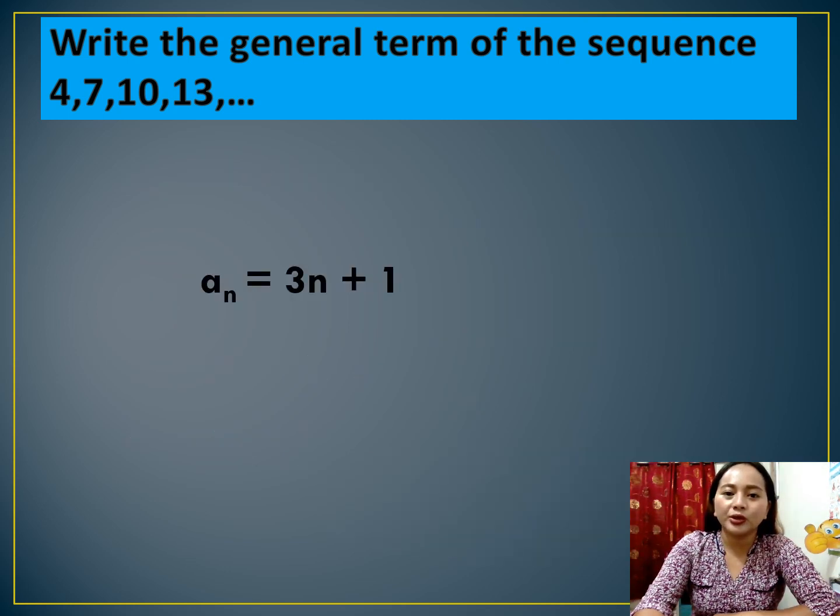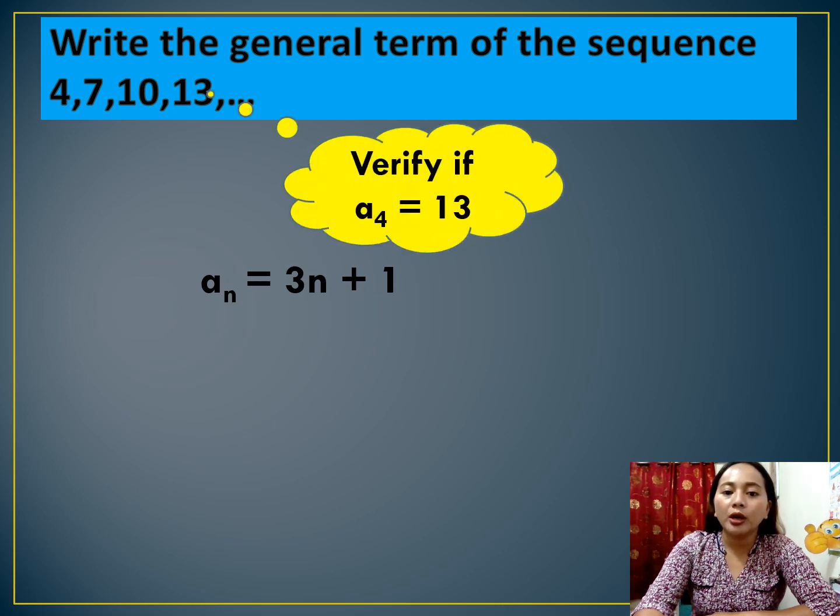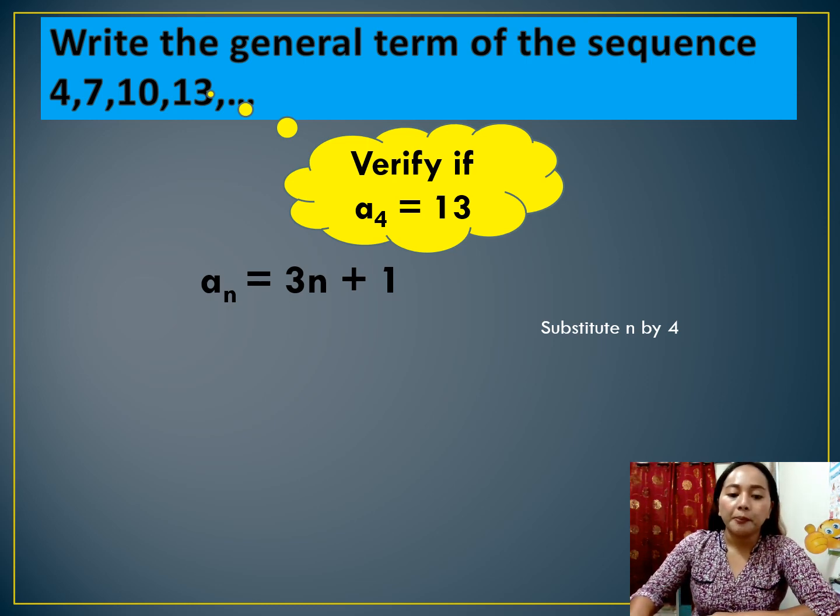Now, let's try to check our work. Using the generated nth term a sub n is equal to 3n plus 1, we are going to verify if the fourth term is 13. Therefore, we have to substitute n by 4 because again, we are talking about the fourth term, or a sub 4.